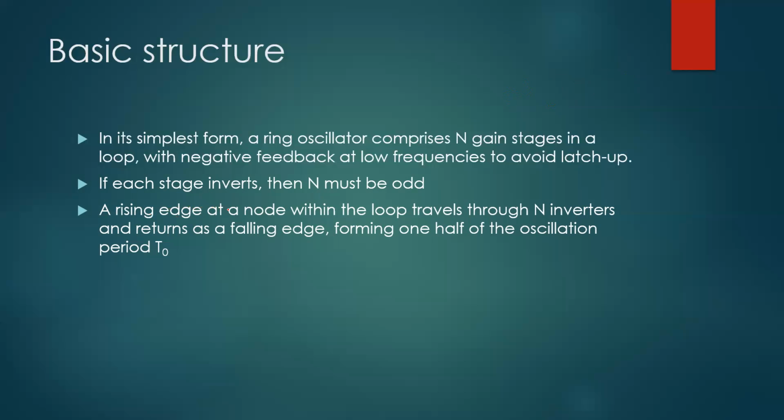That is, a rising edge at a node within the loop travels through n inverters and returns as a falling edge, forming one half of the oscillation period T0.